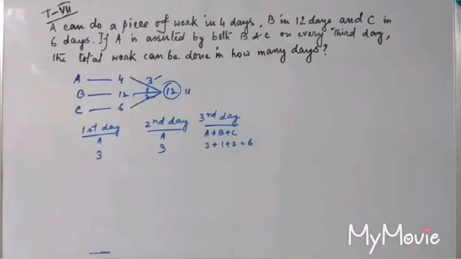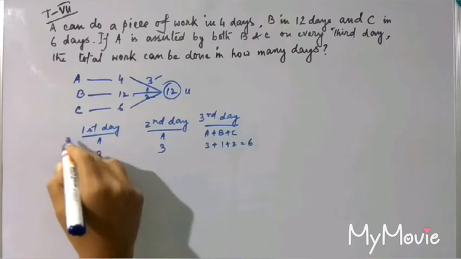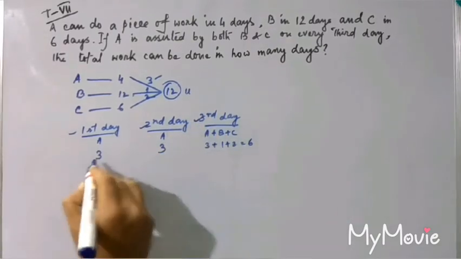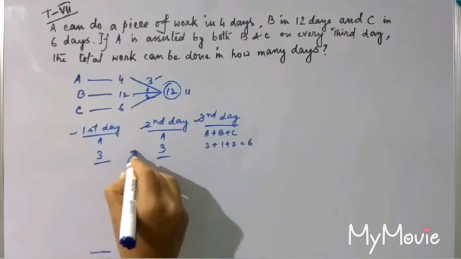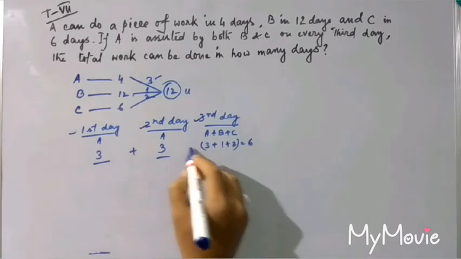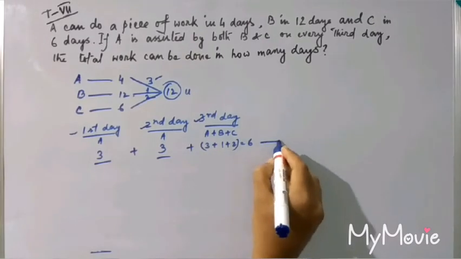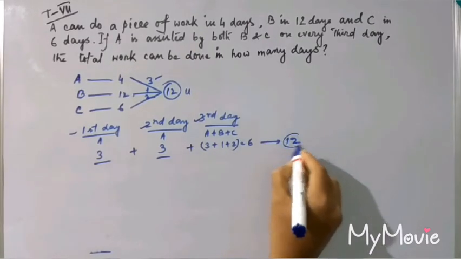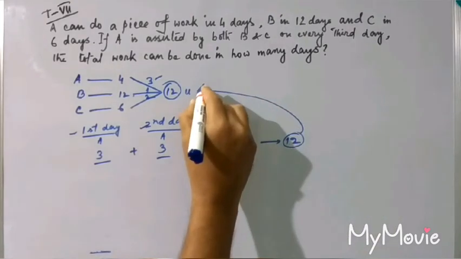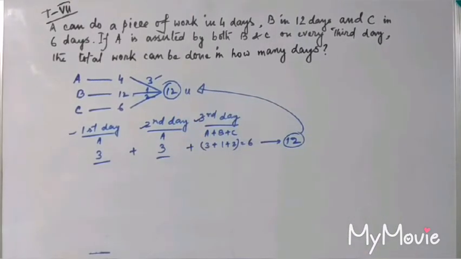Therefore, the total units performed in all these 3 days is 3 plus 3 plus 6, that gives us 12, and hence the total unit of work. Therefore, the number of days required to perform is 3, hence the answer.